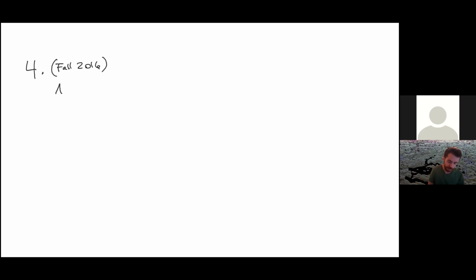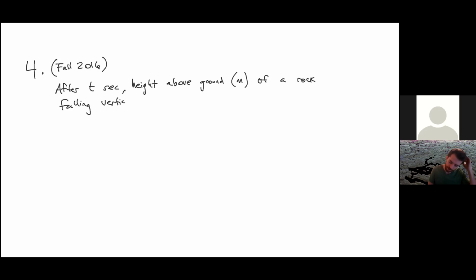So it says after t seconds, the height above the ground, measured in meters, of a rock falling vertically is given by some equation, h of t equals 728 minus 4t squared minus 30t.